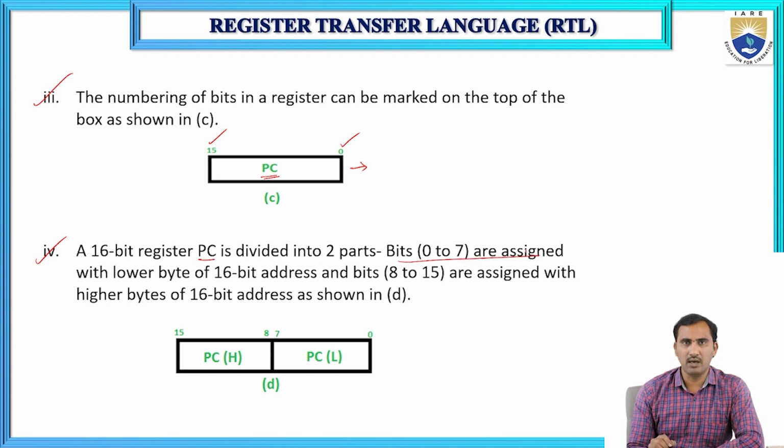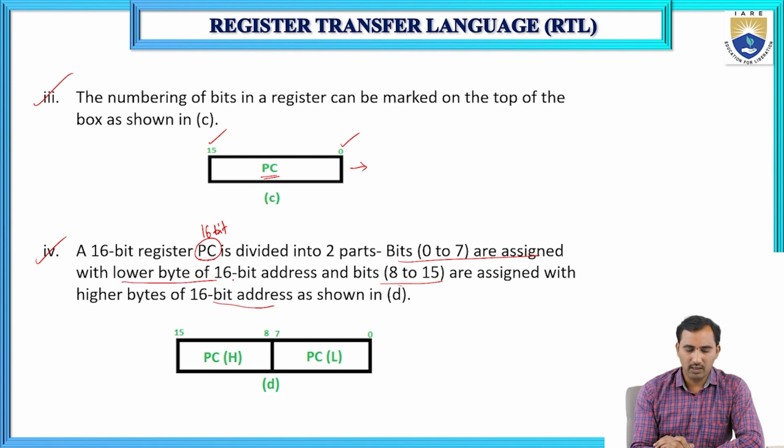Bits 0 to 7 are assigned with the lower byte of the 16-bit address, and bits 8 to 15 are assigned with the higher byte of the 16-bit address. So this PC, the program counter, is a 16-bit register, and we are dividing it into two parts.